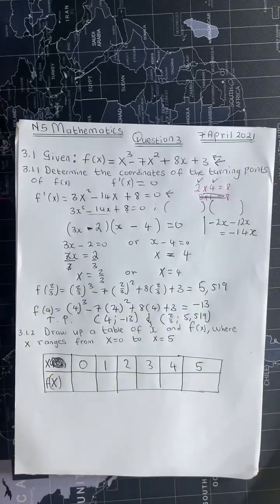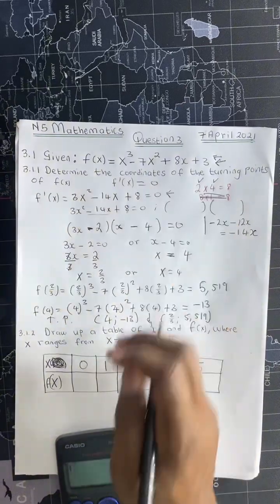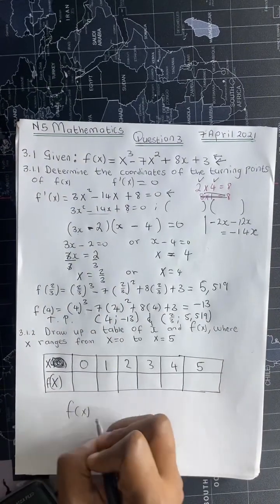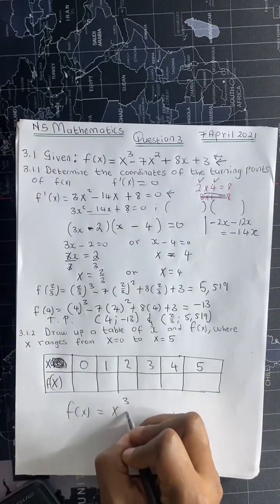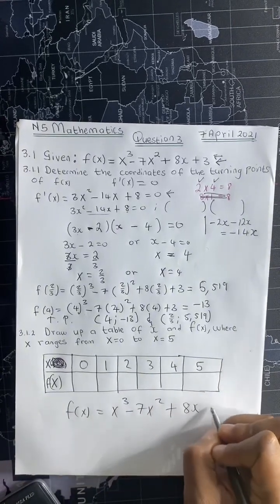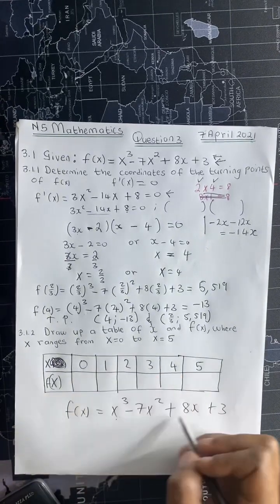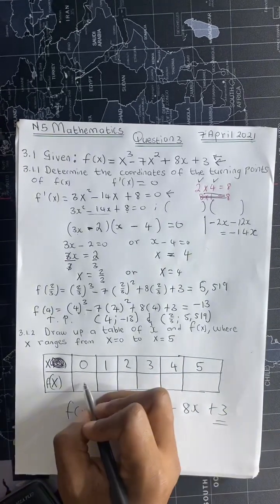So when x is equal to 0, we substitute into f of x equals x cubed minus 7x squared plus 8x plus 3. When we substitute 0 where there is x, we will get 3.